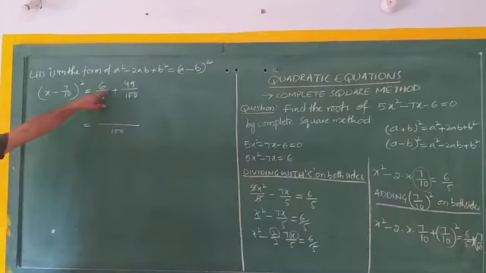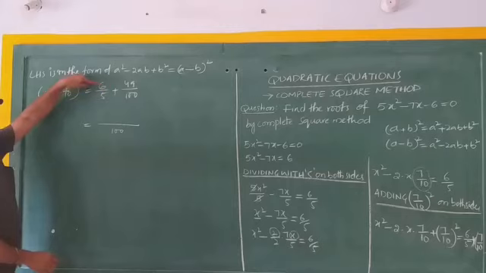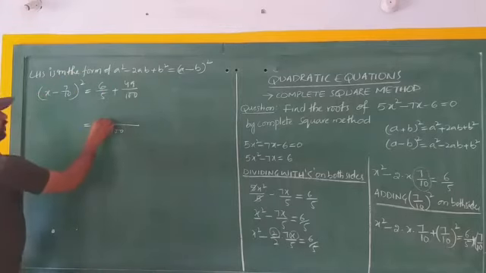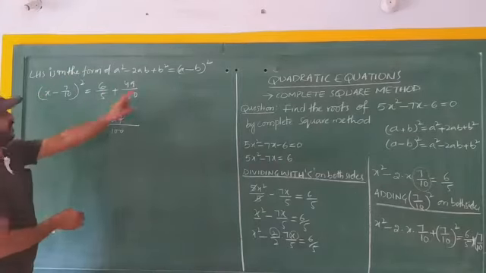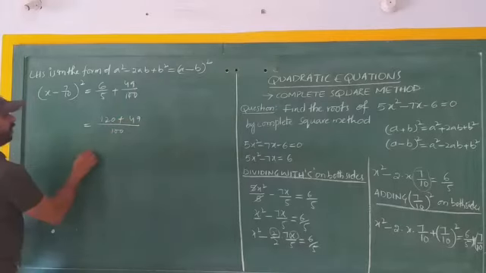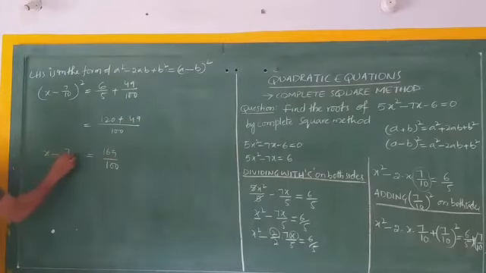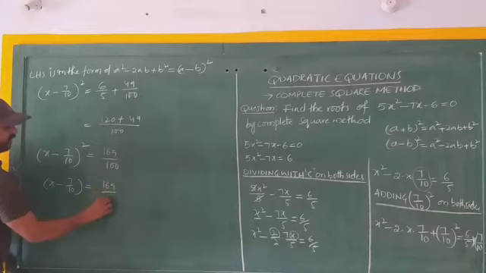Now multiply 100 to the first term, it gets cancelled, 5 into 20. Now 20 into 6 is 120, plus 49. 100 gets cancelled, and 120 plus 49 gives 169 by 100. The left hand side is x minus 7 by 10 whole square, and x minus 7 by 10 is equal to 169 by 100.